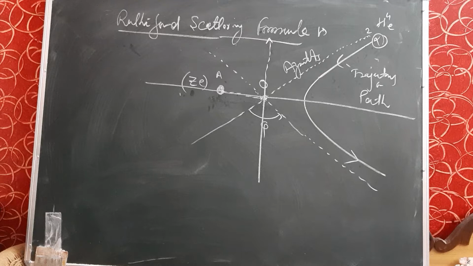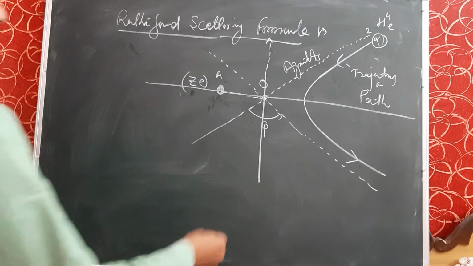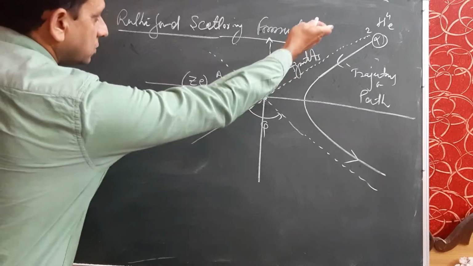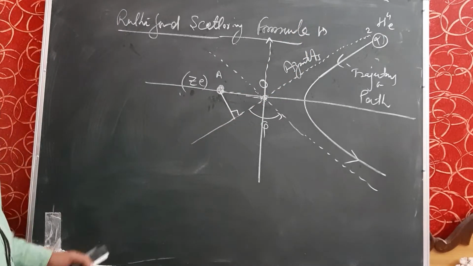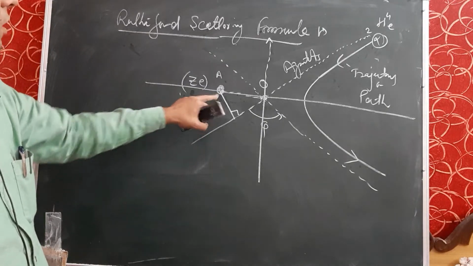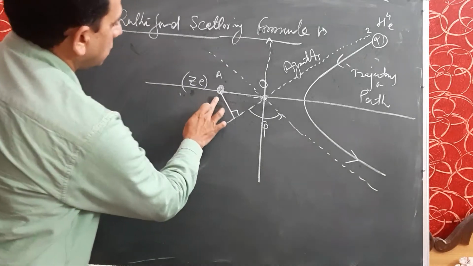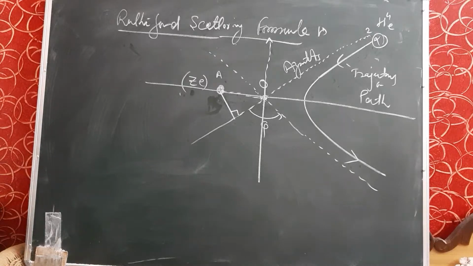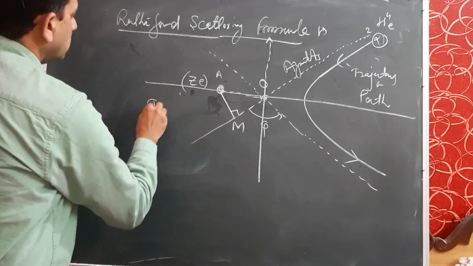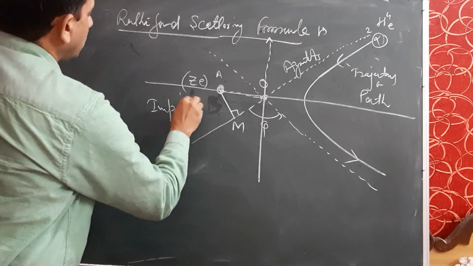Now, the perpendicular distance from this point A on the asymptotic line, or incident particle line, is called the impact distance or impact parameter. So, this AM is called the impact parameter.